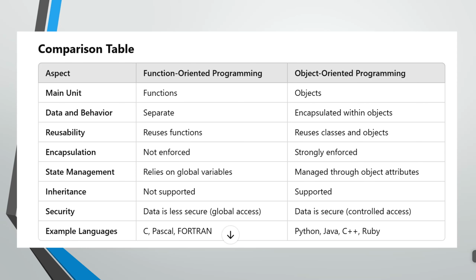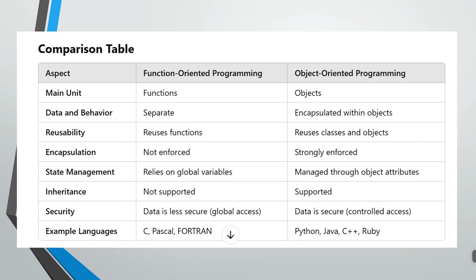Now, coming to security. In any function oriented language, data is less secured. But when it comes to object oriented programming, data is highly secured. So controlled access through methods is the only way to access the data. But in a function oriented language, data can be accessed anyway. Examples we have already discussed: C, Pascal, Fortran, these are all function oriented programs. And object oriented programs are Python, Java, C++, Ruby.